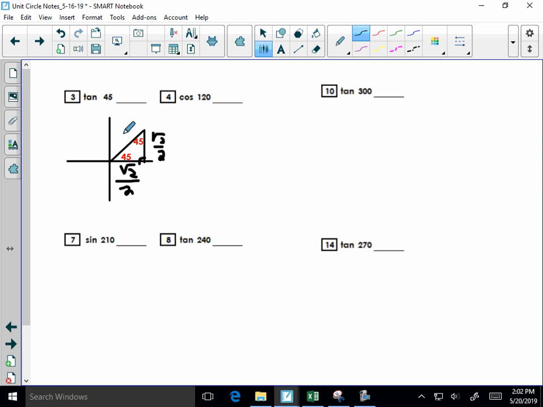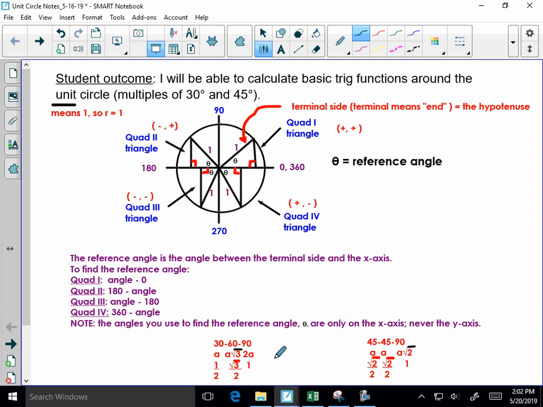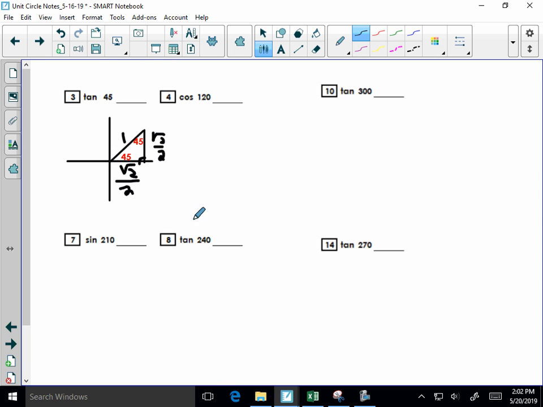And we know that the radius never changes, it's always 1. Like I told you, these numbers are always set any time we're doing a 45, 45, 90 degree triangle, no matter what quadrant it's in. Now, the only thing we have to check is whether we have to change either of these signs. Since any point in quadrant 1 is positive for both x and y, we don't have to change either of these two signs.